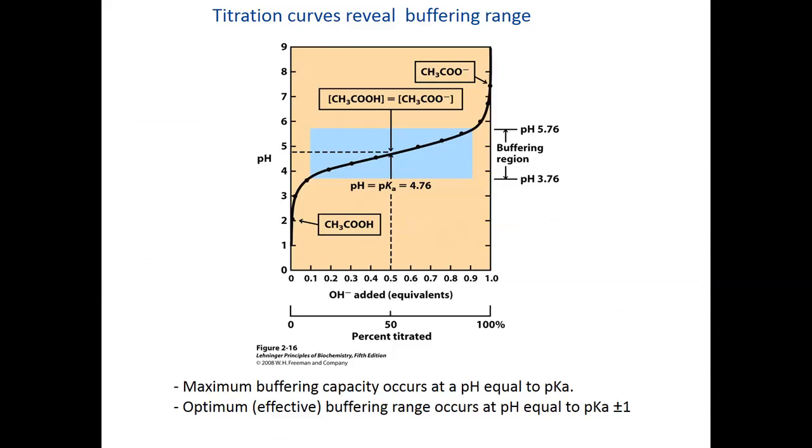All right. Now this is the same concept. When you have a solution and you want to conduct an experiment and stay at a certain pH, you want to identify which buffering system you should be using.